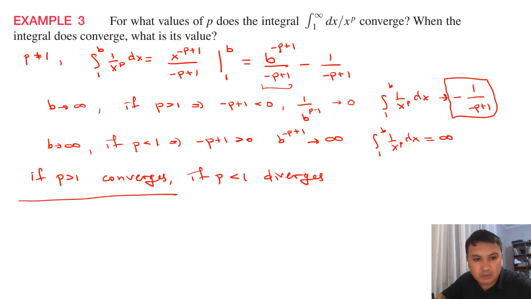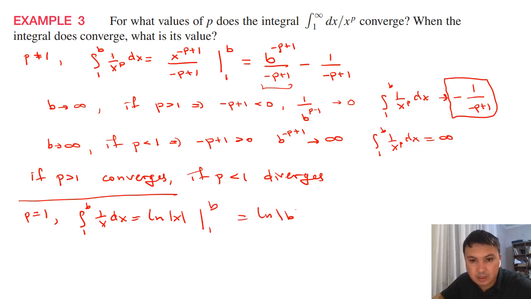Now let's do what happens if p is equal to 1. In this case, this integral becomes ln of x, right? From 1 to b. Well, at 1 it's 0, so this is simply ln of b. But if you let b go to infinity, ln b goes to infinity also.